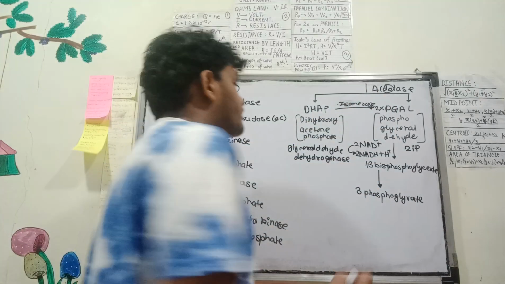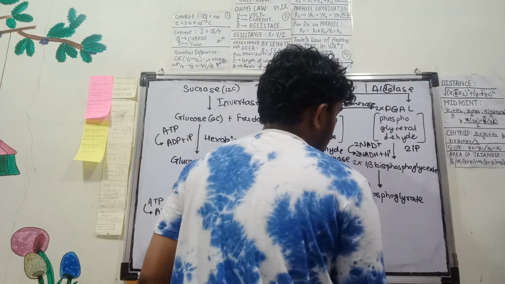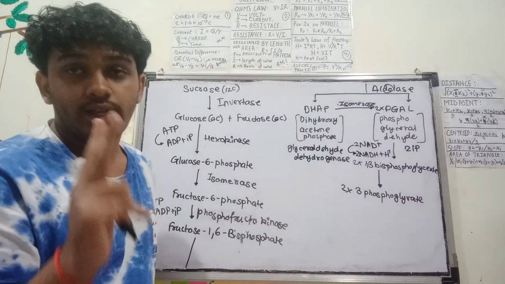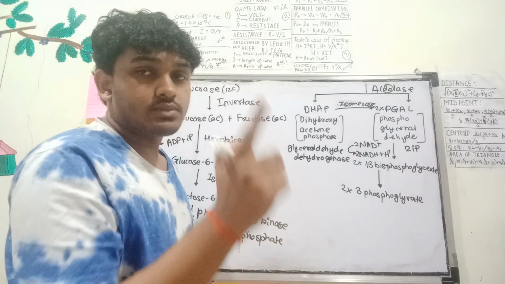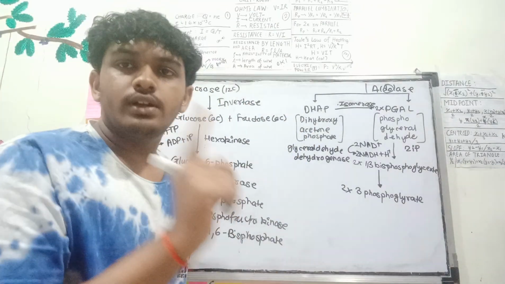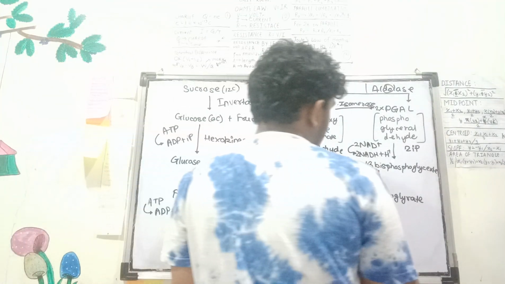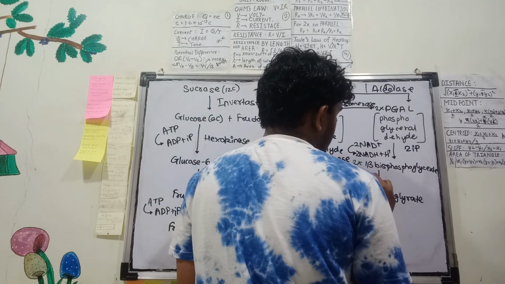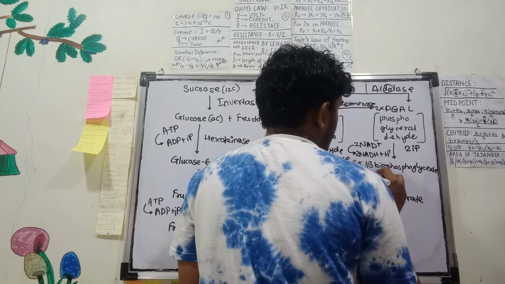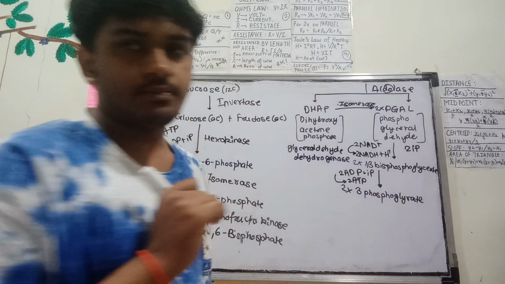So I will just note it down. All of these molecules are 2 in numbers. The phosphate ion removed here is given to ADP to convert it into ATP, so 2 ADP are converted into 2 ATP.